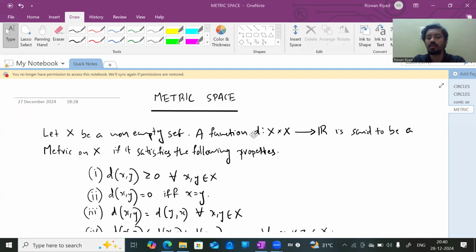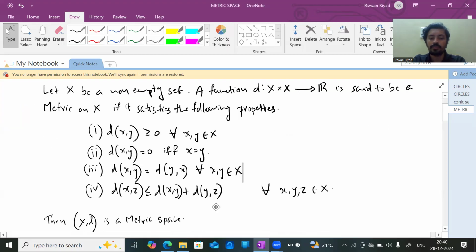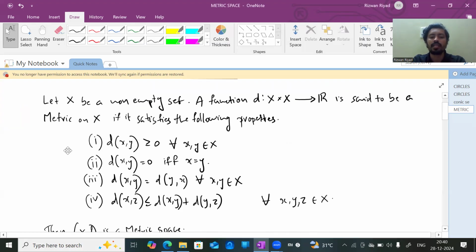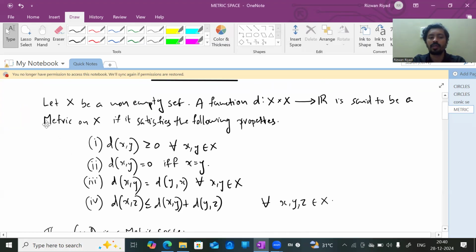That function is denoted as d. If this function satisfies these four conditions, we can say that d is a metric on X.